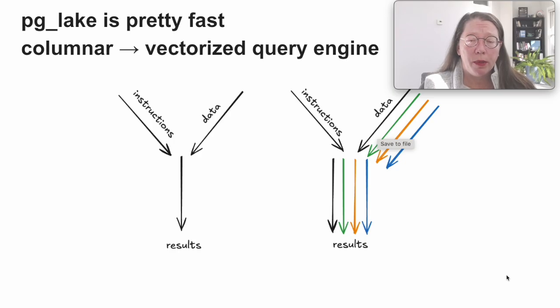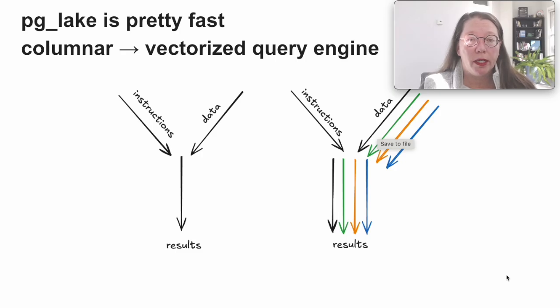So PG Lake, because it has this hybrid use case and some of this other stuff built into it with the DuckDB components, has a couple other features that a native Postgres or PostGIS implementation won't have, right? And that's that it's going to be looking at data in a columnar querying format. So traditionally, Postgres or transactional data is more row by row. So when you query it, you're generally querying out rows at a time.